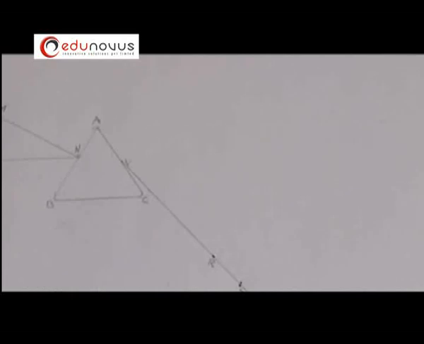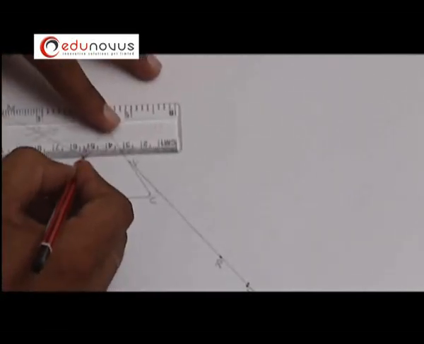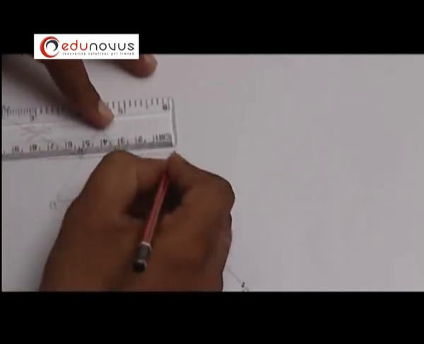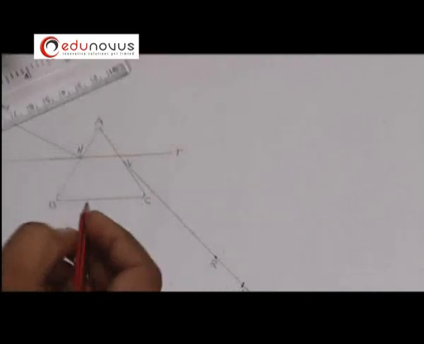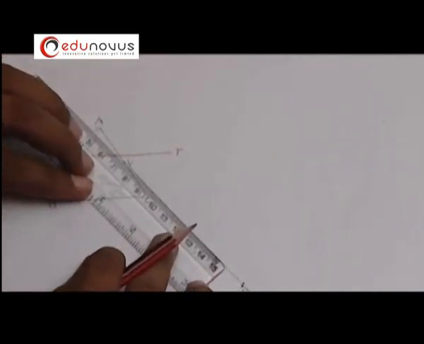And now extend the line PQ to T in the forward direction and VS in the backward direction.